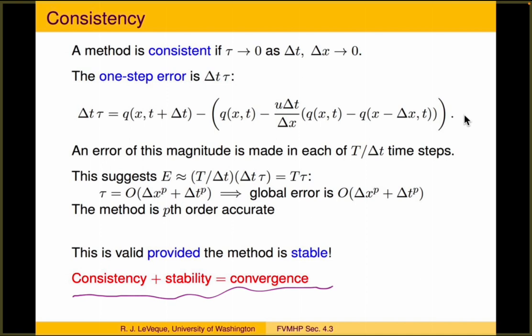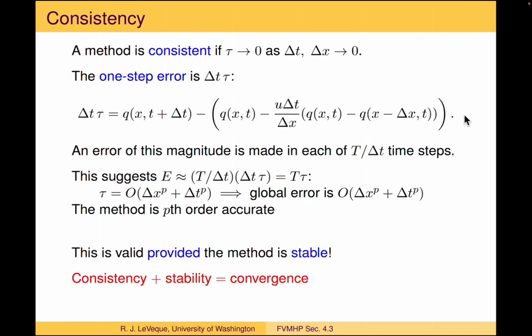And similarly, if a method is convergent for a wide class of initial conditions, then it must typically be consistent and stable. We'll talk more about this a little later, but this is the key idea: we need to look both at how well we're doing locally, and also at how well we can do when we iterate in time.